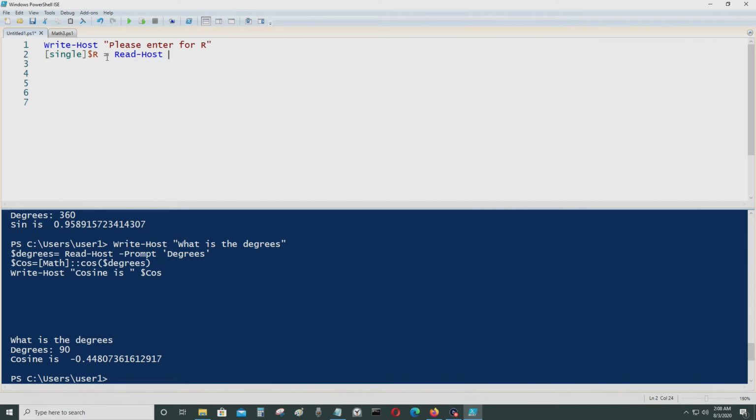I like the IntelliSense thing in this, so it just tells you what it is. When you type it in, you don't have to type it all in, you could just click on it. That's a very useful function of it. Read-Host, Prompt. Just like that, just click on it.